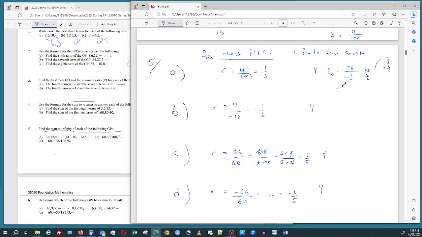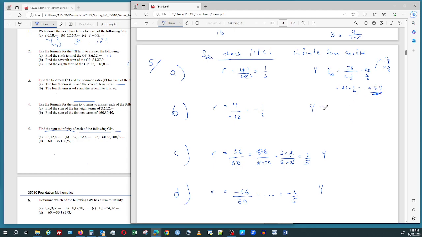So 36 times 3 on 2 is going to look like half of 36, 18, and 3 times 18 is 54. So the first one's going to be 54. So that's our infinite sum.